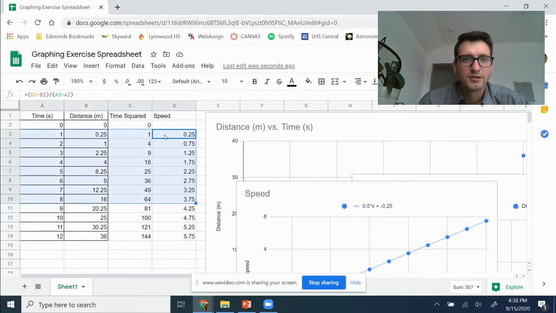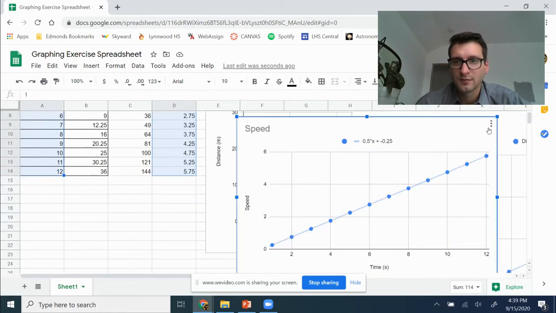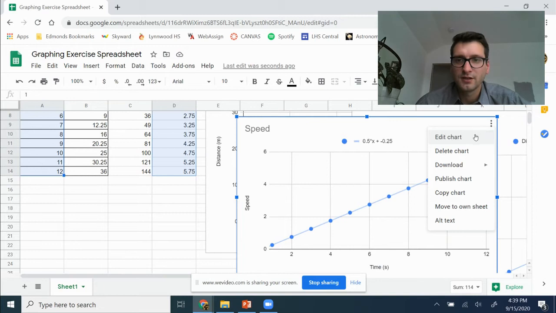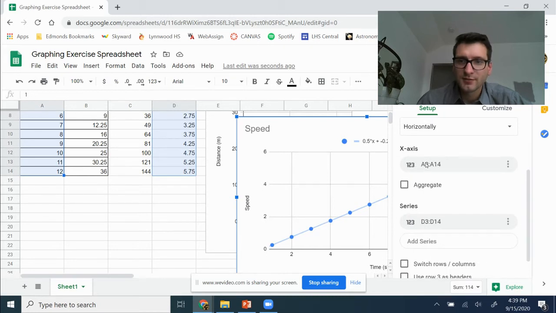Oh shoot. Keep in mind that we have to have our cells match. If you only do those ones, then you also only want to do that one. When you go to make the graph, make sure that you're not unevenly matching your cells. To show you what that looks like over here, note that it says it goes from A3 to A14 and D3 to D14.